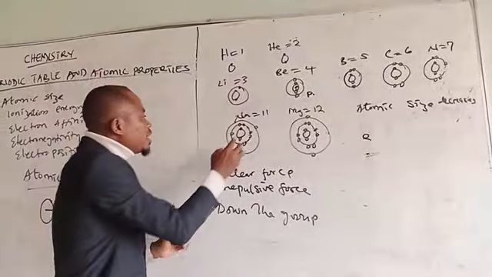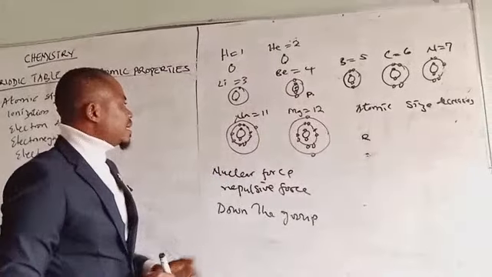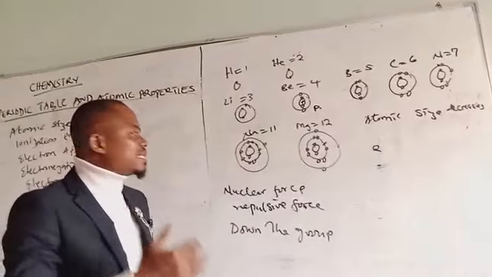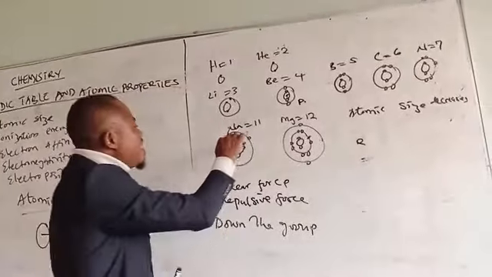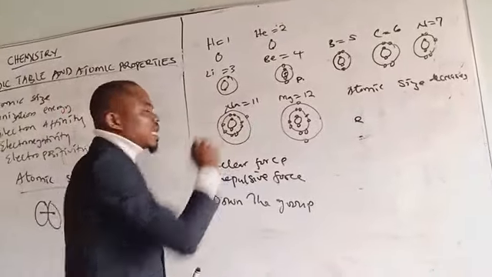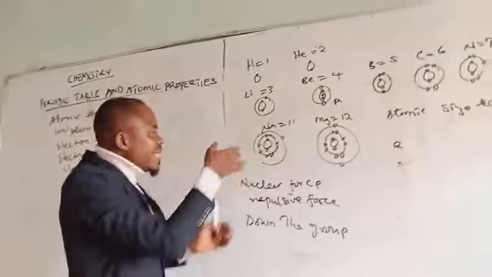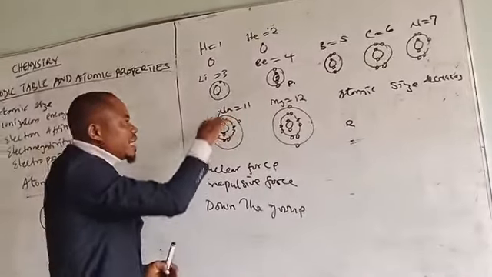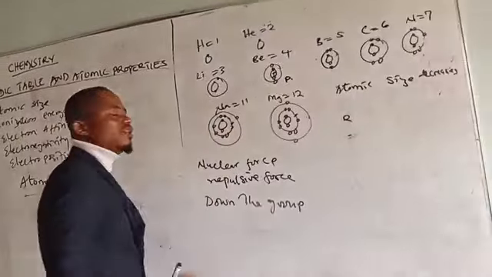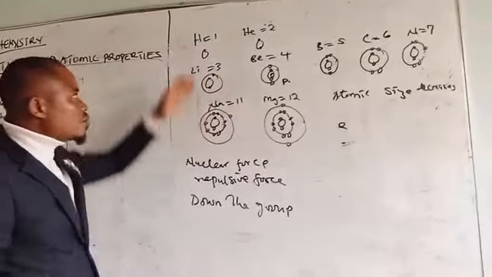If you can picture these shells like a fence, you see that the shells that are increasing will tend to shield the effect of the nuclear force from the outermost electrons. And so because of the internal screening by the shells or the energy levels, the effect of the nuclear force is not really felt that much by the electrons in the outermost shell as we move down the group.